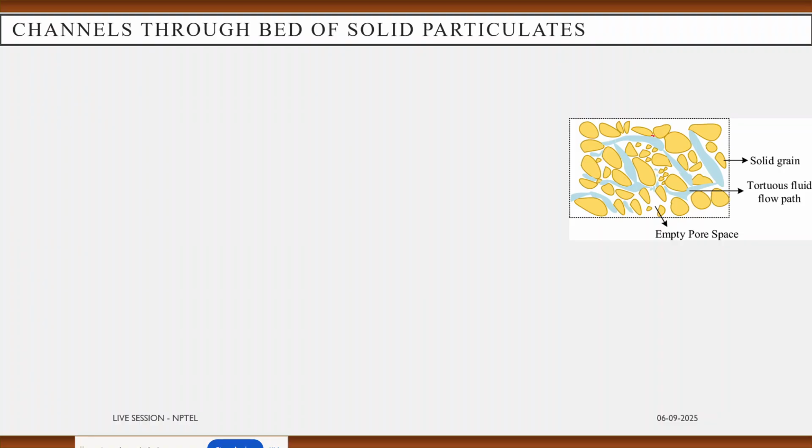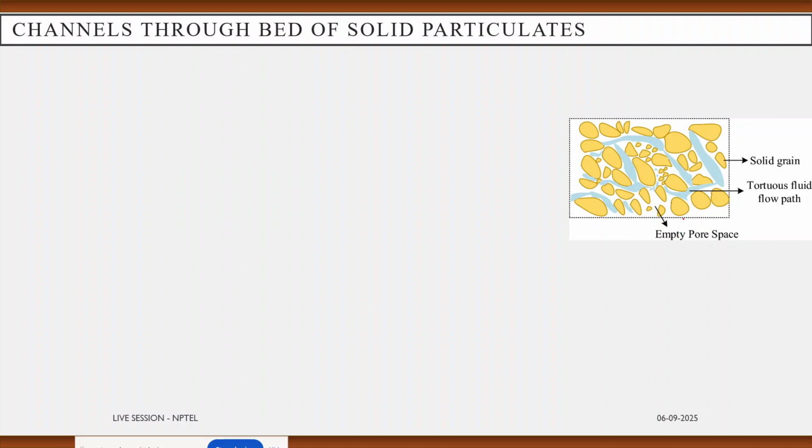They pass through the bed of these solid particles where it finds the space. Now this kind of pore space that we are talking about is external void or external porosity, which is also known as bed porosity.